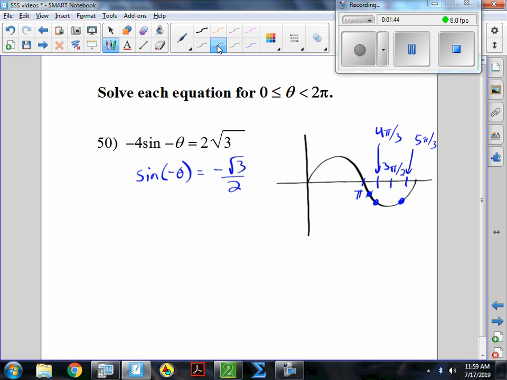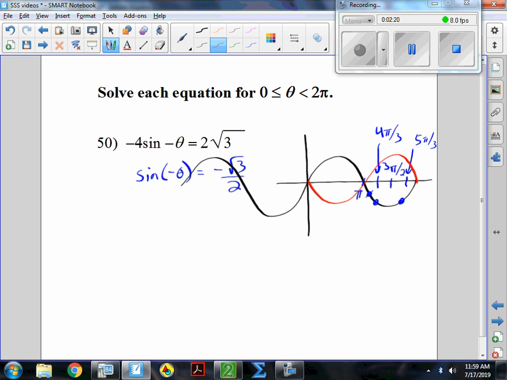So if I reflect that over the y-axis, it's going to do that. If I folded it over the y-axis, the red and the black on the left and the red on the right would match, assuming I drew it so that they would match. So then in that red curve, I'm going to have different answers than I had in the original black curve.